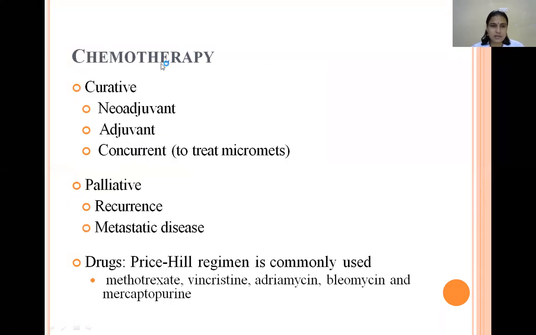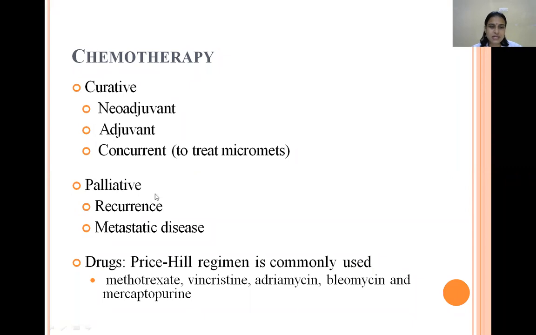Coming to chemotherapy. It is curative. It is done in neoadjuvant cases, like before the surgery, or adjuvant along with surgery or radiation. It is given along with radiotherapy to treat the distant micrometastasis.